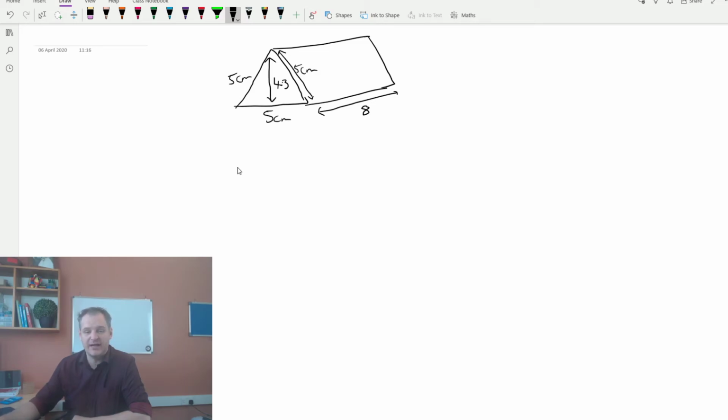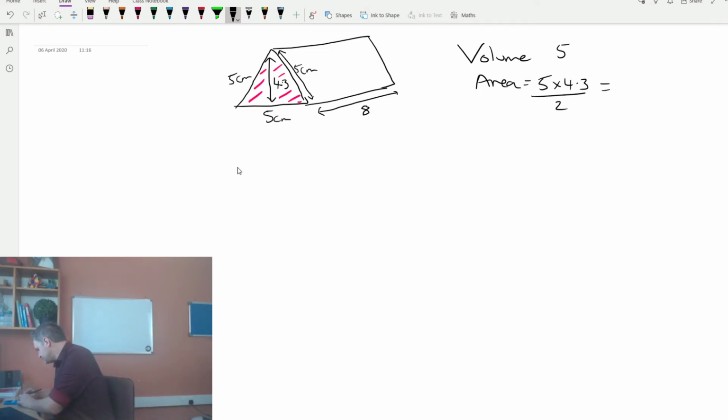Now, sometimes you might need a calculator. We've got the volume. Remember, is base times height is going to be the area first. Let's always stick to the same method. Find the area of the triangle first. So the area was 5 times 4.3, all divided by 2, is 10.8.